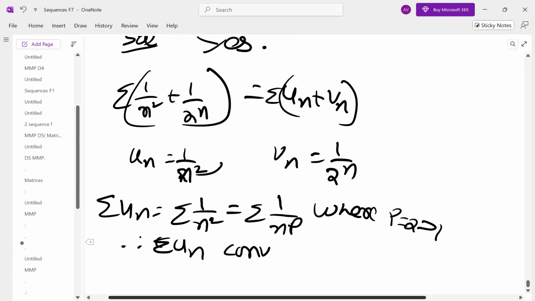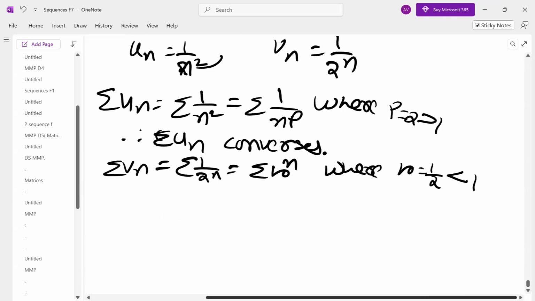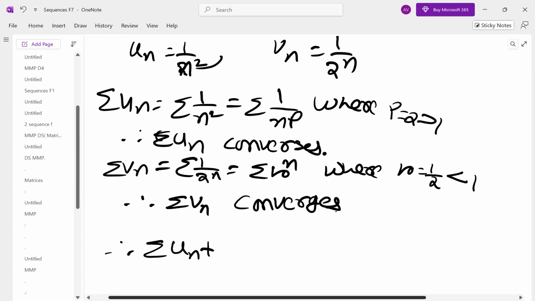p test. But summation vn, 1 by 2 power n, is in the form r power n. R equal to 1 by 2, less than 1. Therefore by geometric series test it converges. Summation un converges, summation vn converges, un plus vn converges.